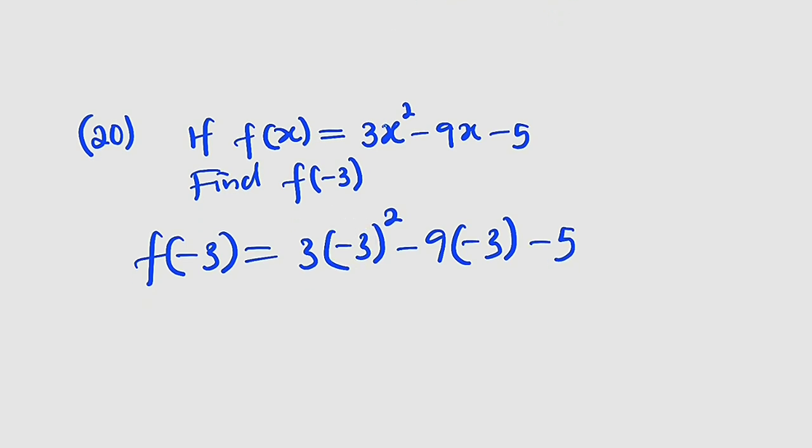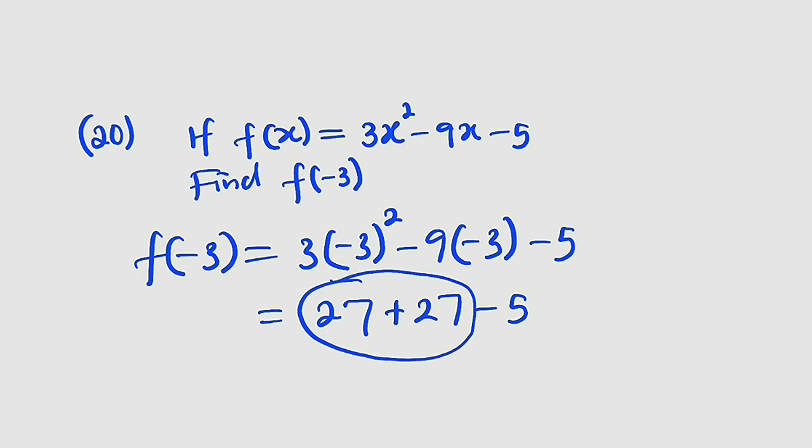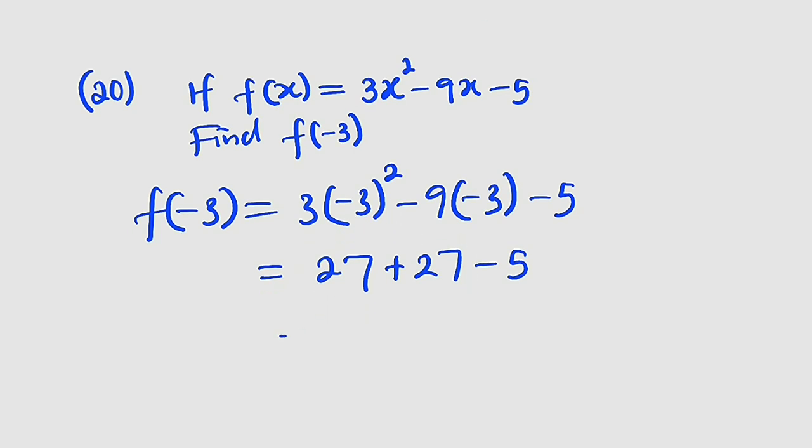Negative 3 squared is 9, and 9 times 3 is 27. Minus 9, minus is plus, right? 9 times 3 is 27 as well. We have minus 5. This will give us 54 minus 5, which is 49. So this is 49 exactly. Therefore, f of negative 3 is equal to 49.